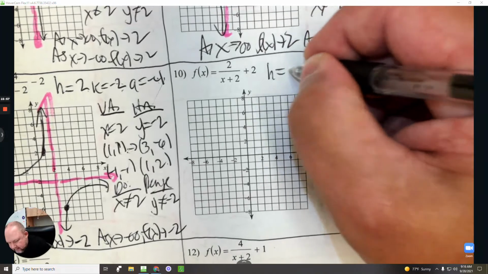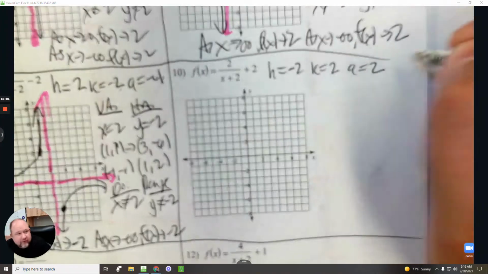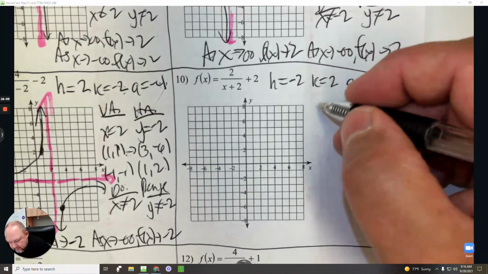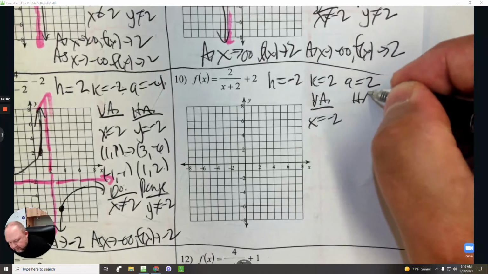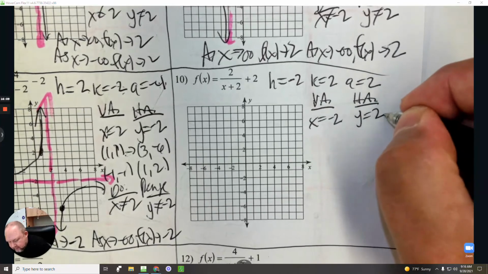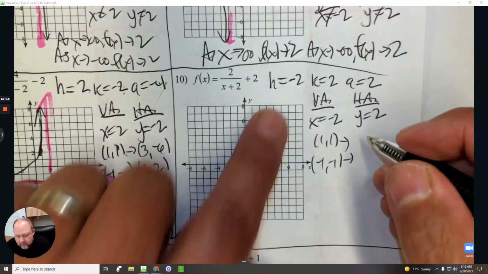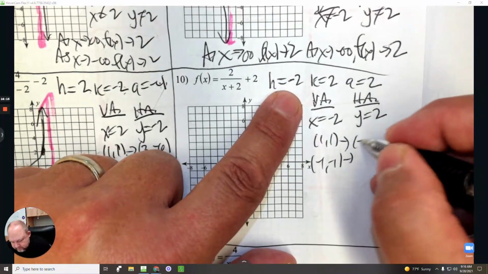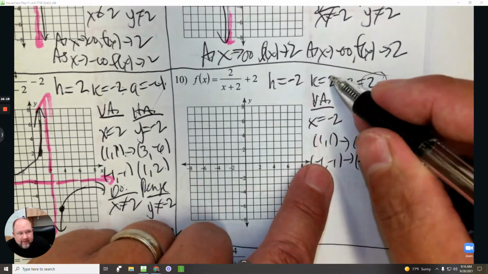So this is what I got. Negative 2, positive 2, and again positive 2. That would mean the vertical asymptote is at negative 2, and the horizontal asymptote is y equals positive 2, and then we change the points. So to the x, I subtract 2. To the y, I'm going to multiply and then add.